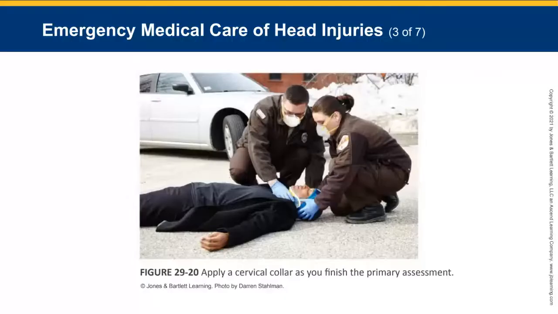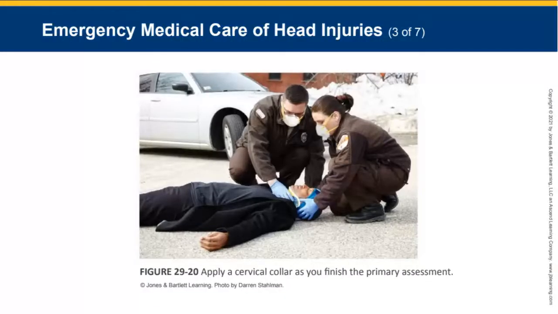So someone is maintaining inline stabilization of the head. The person who is applying the collar would be responsible for assessing airway, breathing, circulation, and providing appropriate management, and that person would be the person responsible for putting on the cervical collar once it is sized properly.